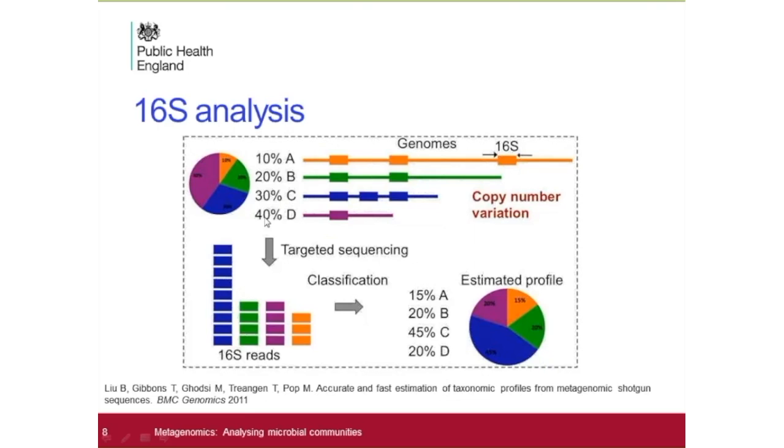The percentage on the left-hand side of each one is saying, if you have a bacterial lysate that contains 40% of organism D, 30% of organism C, 20% of B, and 10% of A, and you undertake targeted sequencing to amplify all of this mixture together, then you will get a variation in the bias of which ones are amplified, and therefore which ones are read, and what the estimated number of each one of these organisms is in the final mixture or the final read output from whatever sequencing system you are using.